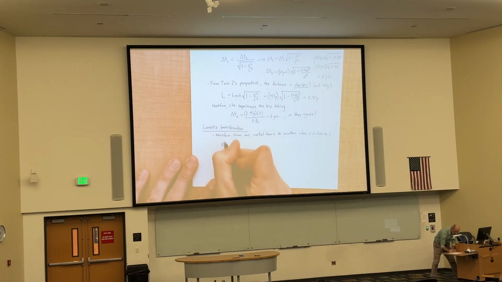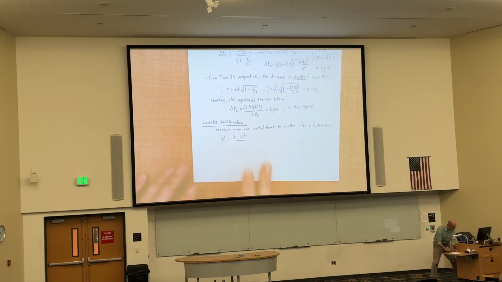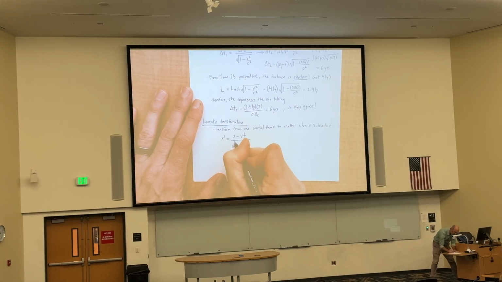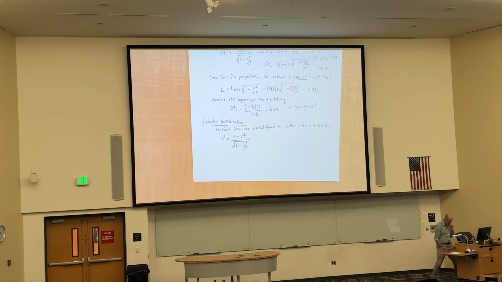So x prime is equal to x minus v times t, which was the same as what we had in the Galilean transformation, but now we have a factor of the square root of 1 minus v squared over c squared on the bottom.